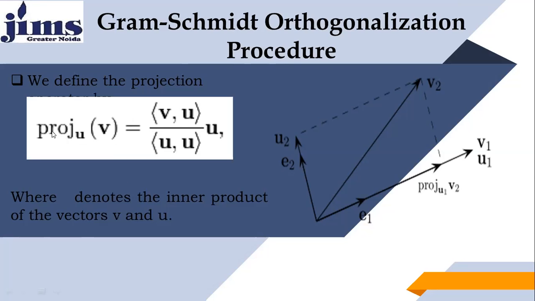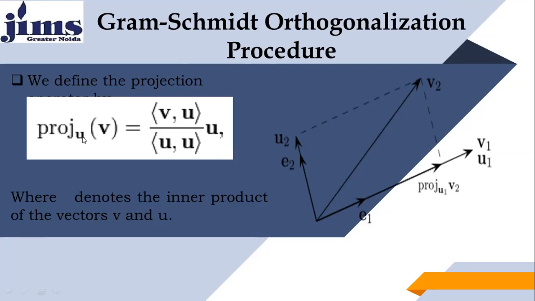And how do you read this? Actually, this is the projection. Projection of V on U. Projection of V on U means projection of vector V on U.